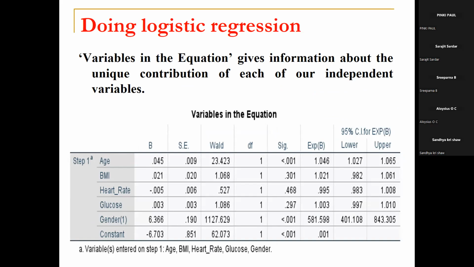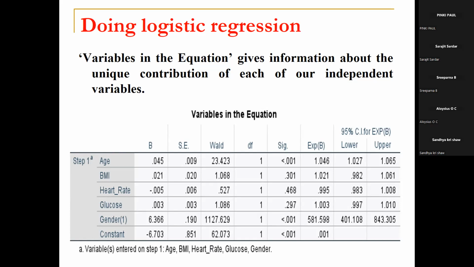In linear regression we generally see the t-test, but here we check with the Wald test. Any value less than 0.05, if you take a confidence interval of 95%, then that variable has an impact on the dependent variable.